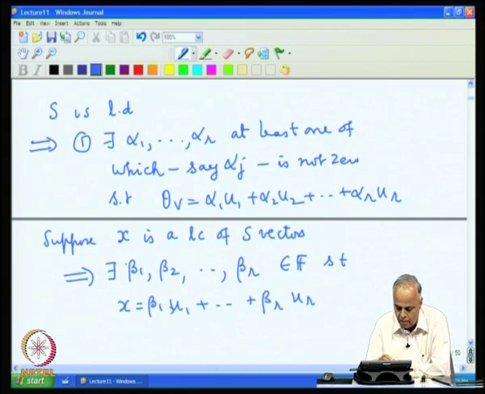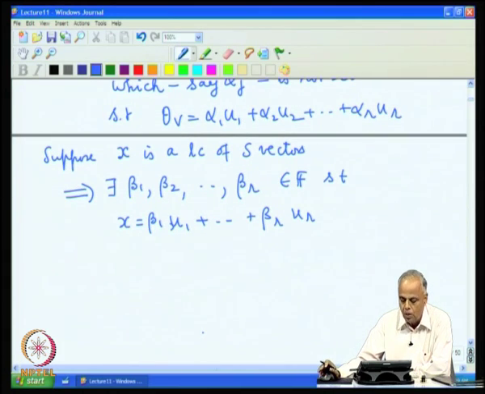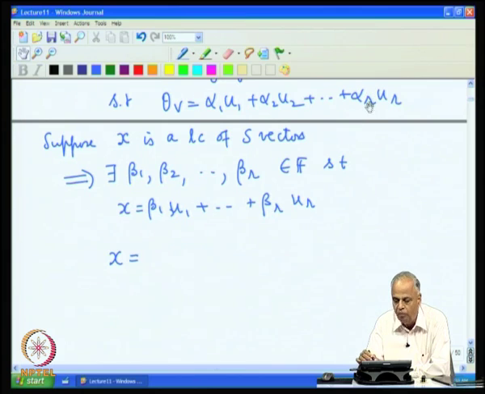Now, suppose we have a vector x which is a linear combination of S vectors, then it can be expressed as beta 1 u1 + beta 2 u2 + ... + beta r ur. Now, if we add this representation and the previous representation, the left hand sides add up to x, because the 0 vector plus x is x, and the right hand sides add up to (alpha 1 + beta 1) u1 + (alpha 2 + beta 2) u2 + ... + (alpha r + beta r) ur.